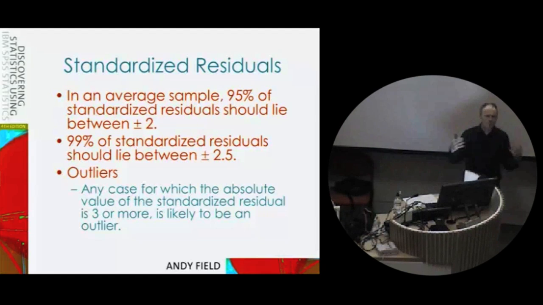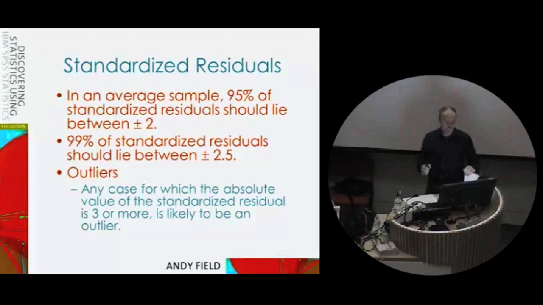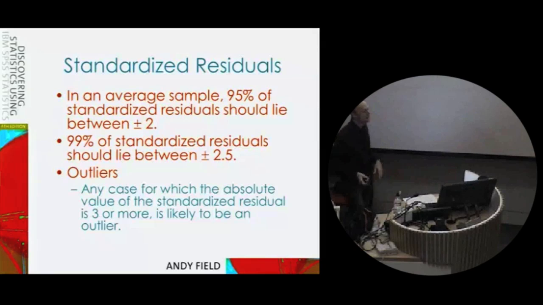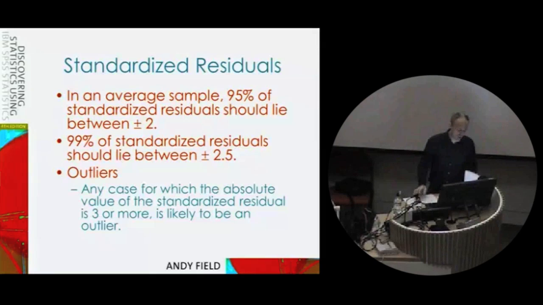But if you've got a lot more than 1% falling outside of plus or minus 2.5, then that means you've got a lot of residuals that are slightly too big, or you've got too many that are big. And you can also look for individual cases that have huge standardized residuals. So if an individual case has a standardized residual of above about 3, then that might be something you have a look at and see if there's a good reason why.